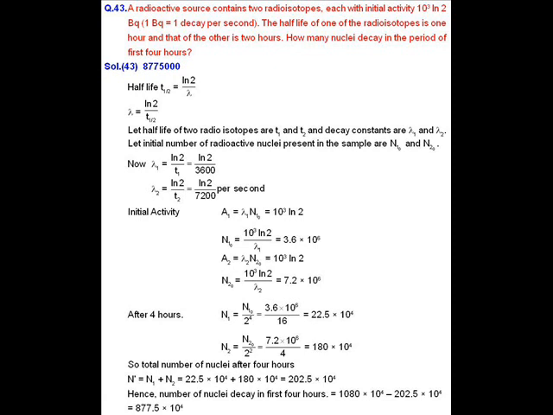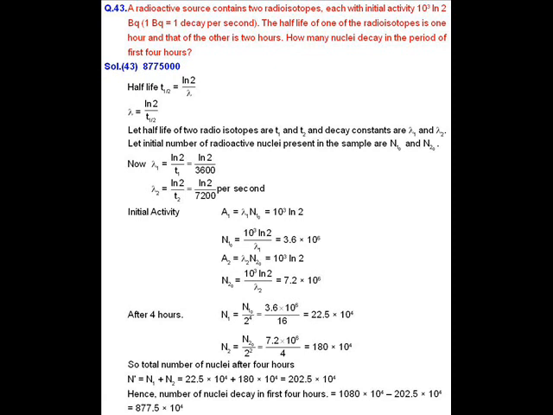Using the provided half-lives, we can calculate the decay constants of both the isotopes. So decay constant for the first will be equal to ln2 divided by t half, that will be equal to ln2 divided by 3600 seconds, and decay constant for the second will be equal to ln2 divided by half-life of second isotope, that is 7200 seconds.